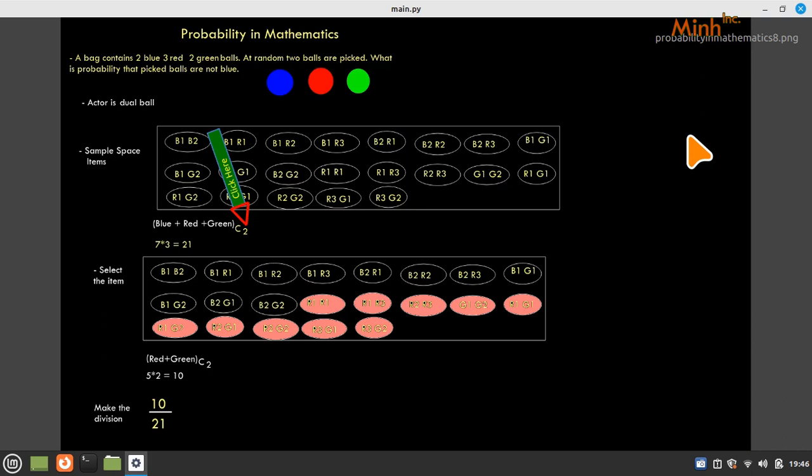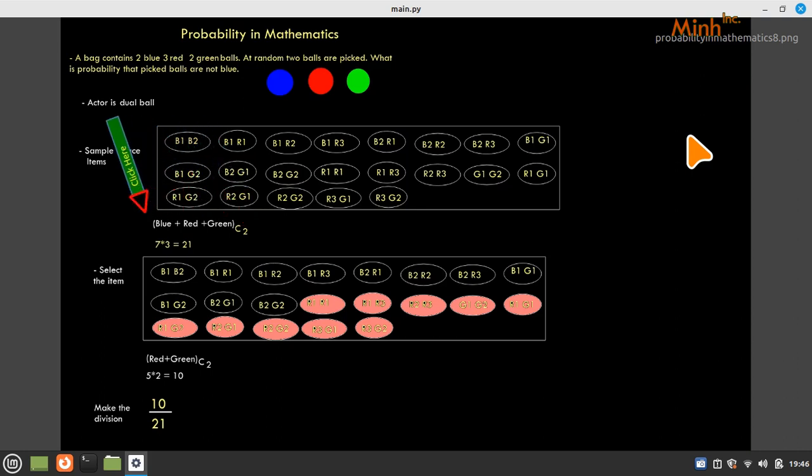So it will not be permutation, it will be combination. Okay. So whatever we are selecting, their intermixing is not required. So if I say blue 1 and red 1, and if I say red 1 and blue 1, both are the same. So we will use combination.